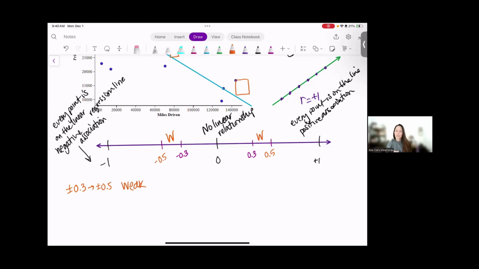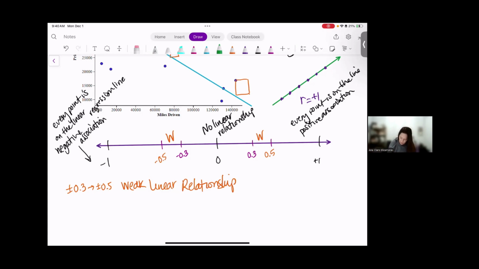We would call that a weak linear relationship. And in a weak linear relationship, the dots are not going to be close to the line. They're going to be pretty scattered. Okay, the closer you get to that line, more of the points that are closer to the line, the stronger your relationship is.